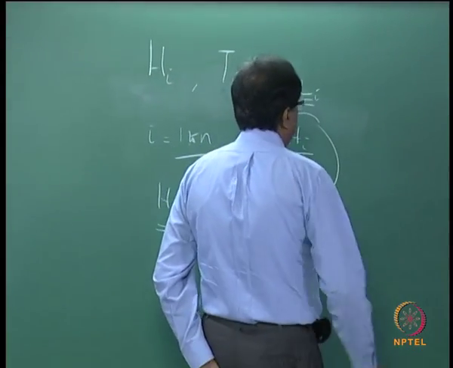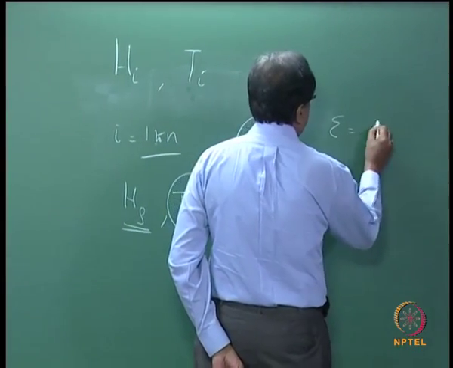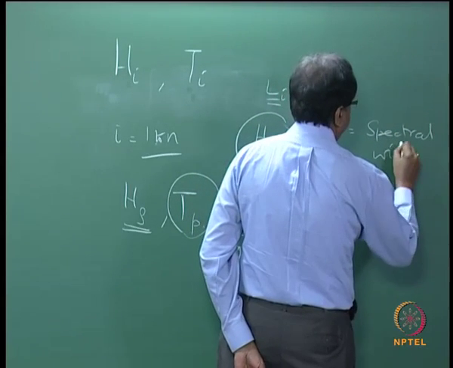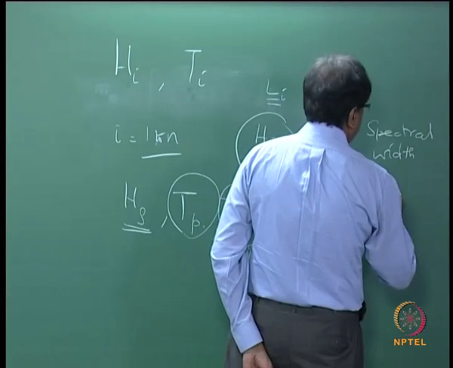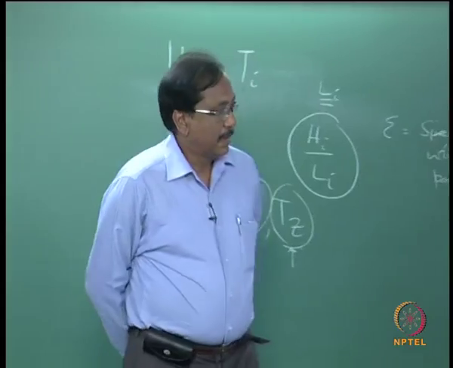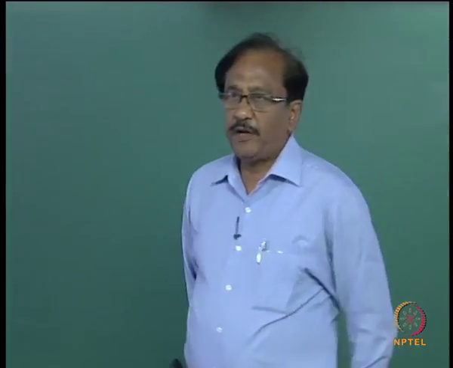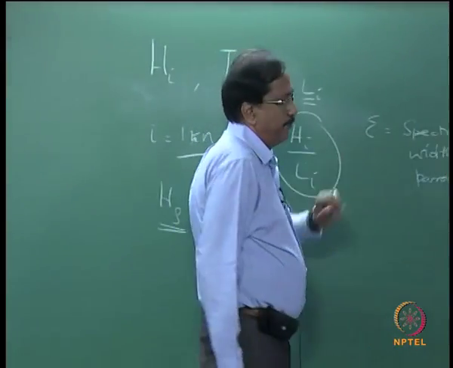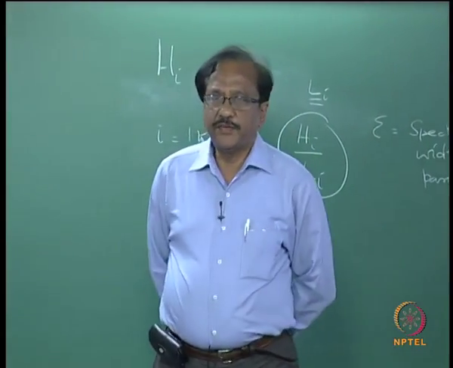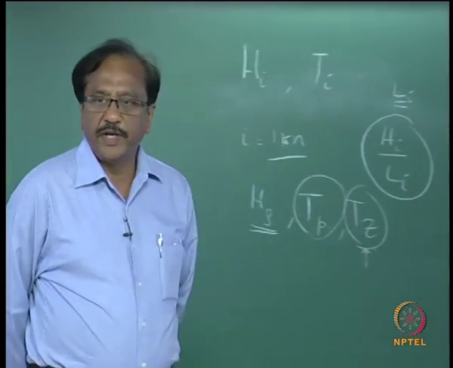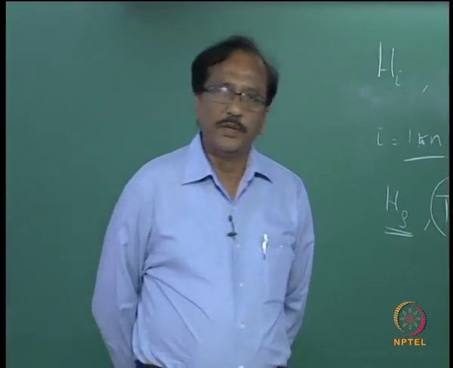Epsilon is what is called the spectral width parameter. The spectral width parameter, epsilon, is given as 1 minus Tc divided by Tz, the whole square.